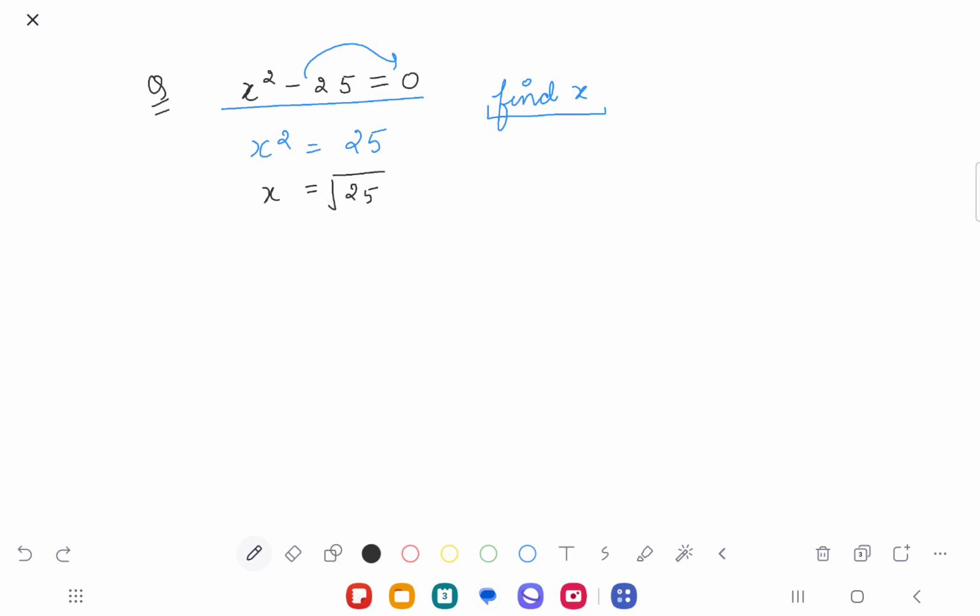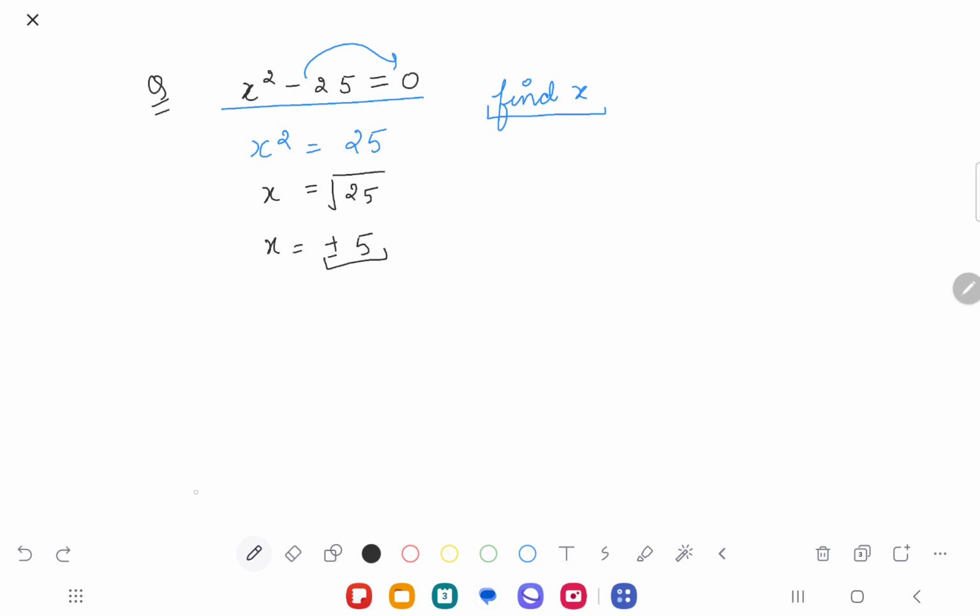And then what do you think you would do? Tell me. It would be x equals plus minus 5, because the under root of 25 shall be 5, isn't it? Understood or not?